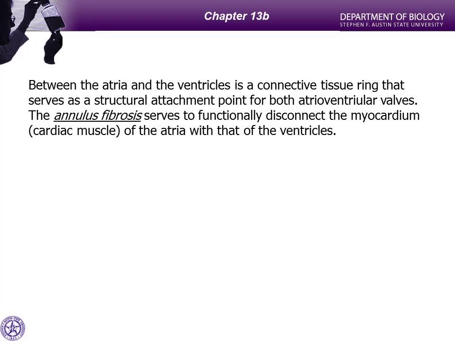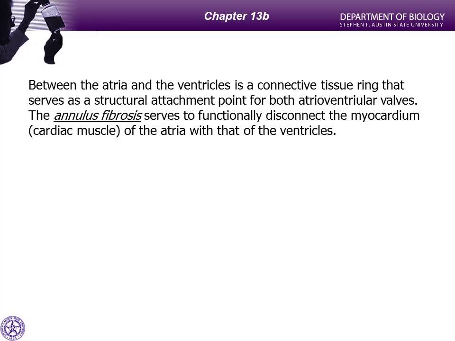So there's going to be a lot of tensional forces put on that tissue. So to strengthen that, there is a ring of connective tissue between the atria and the ventricles, and this is called the annulus fibrosus. And since this is connective tissue, there are no gap junctions that connect our atrial cardiac muscles to our ventricular cardiac muscles.